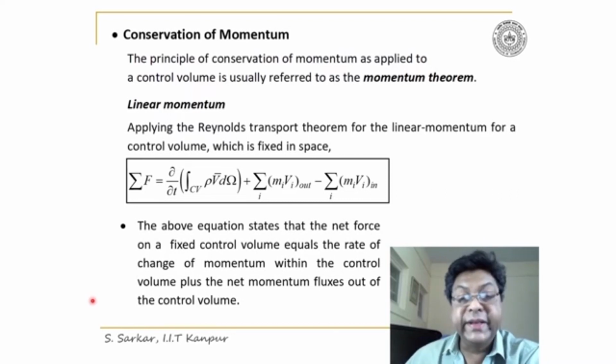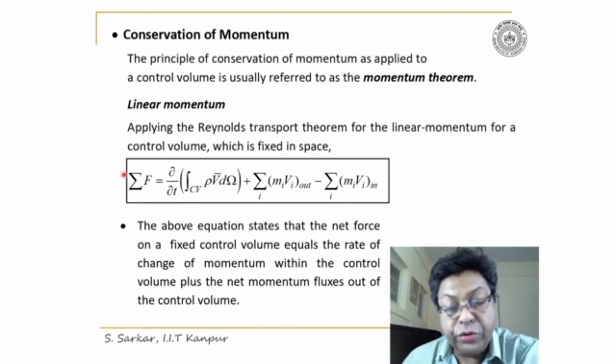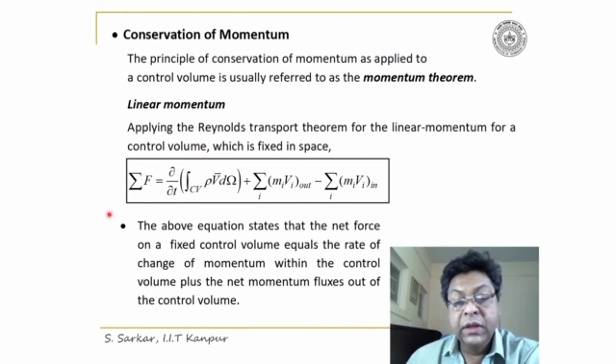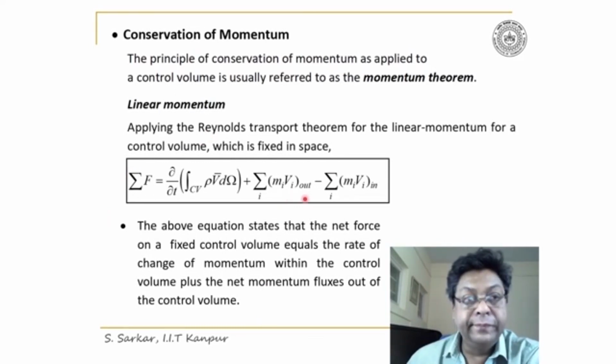For a steady system, this rate of change of momentum within the control volume would be 0. That means force on the control volume would be equal to momentum flux out of the control volume.